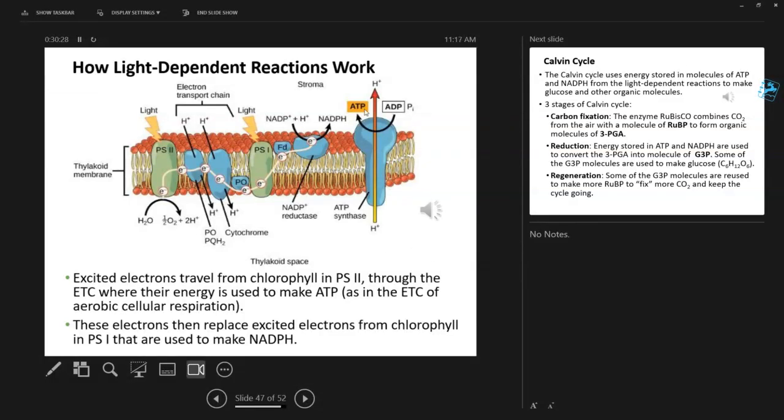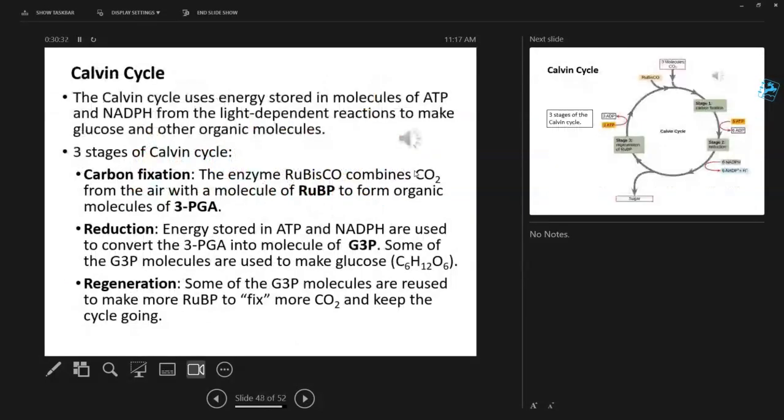Okay, so now we've got all this NADPH and ATP with energy stored in it, and now the Calvin cycle.